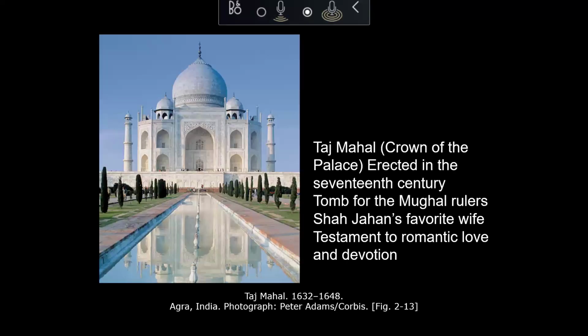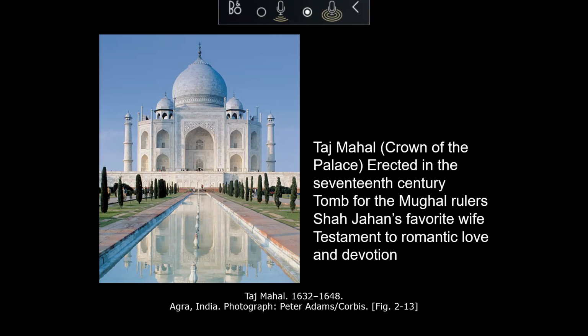Okay, so if we look here with the Taj Mahal, I don't know if you've ever seen it, you've probably heard of the Taj Mahal. A lot of people will say, hey, that's a neat looking building, and they're not aware of the fact that this was a commemorative structure for Shah Jahan's favorite wife. This is her tomb.